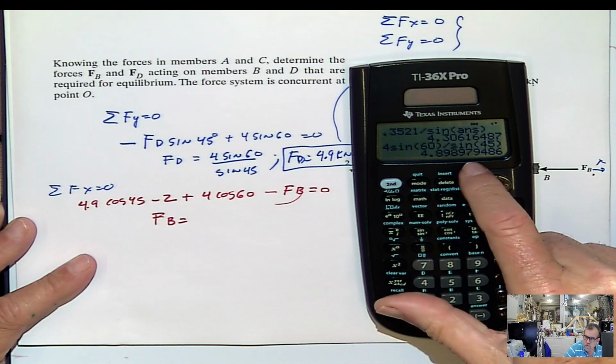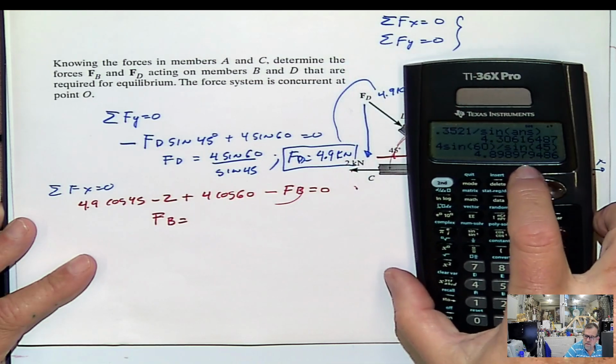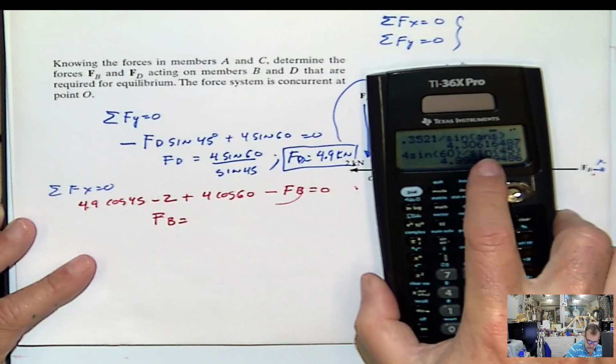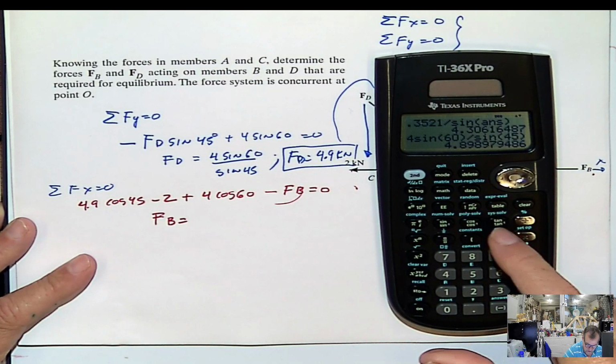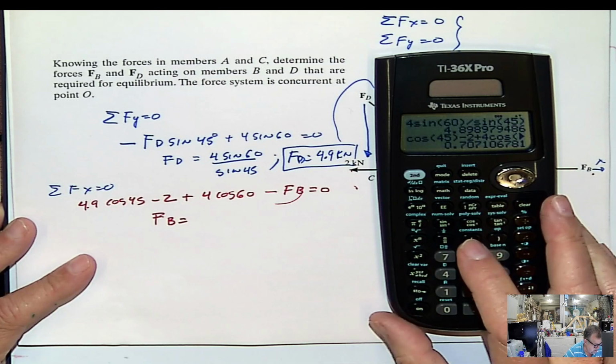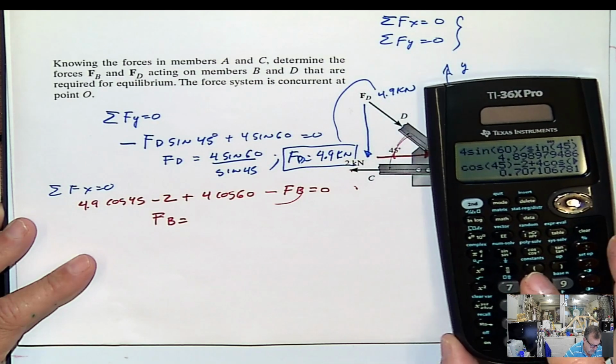If you want to be more precise, it wasn't 4.9 exactly, it was 4.89. I'm going to keep the number because I already have it there. Cosine 45 minus 2 plus 4 cosine 60, which is basically 2. And then you get 0. No, there's something weird here.